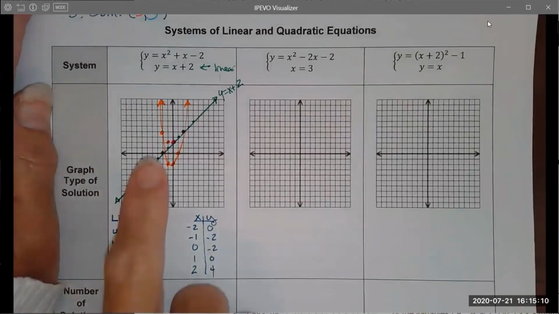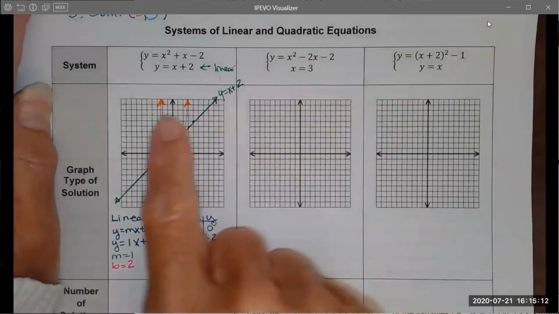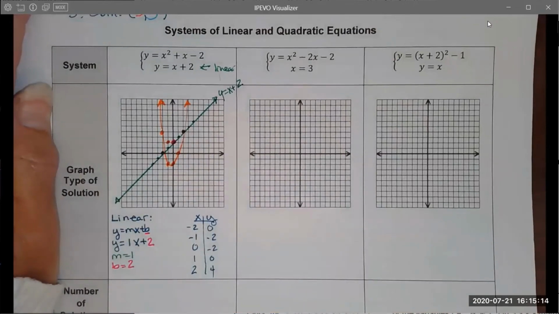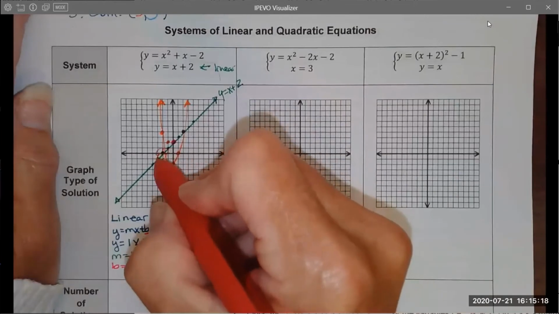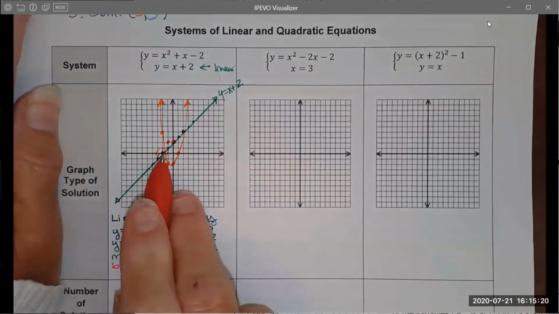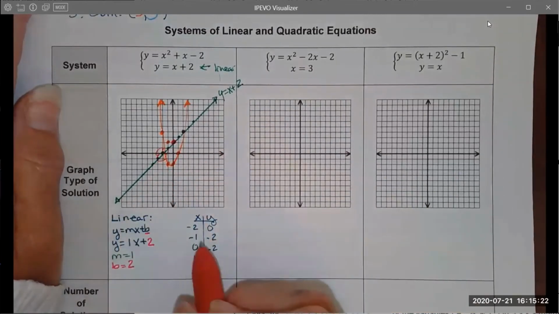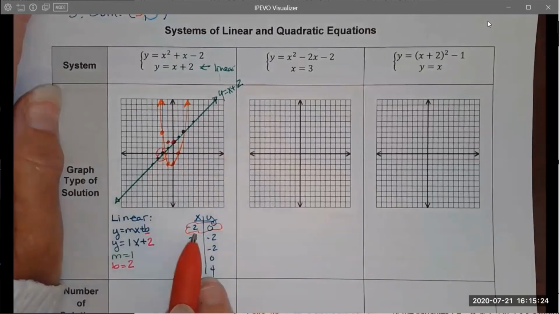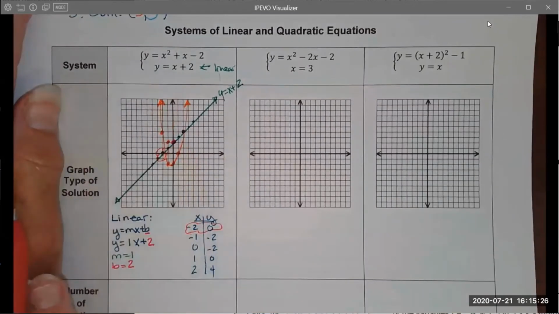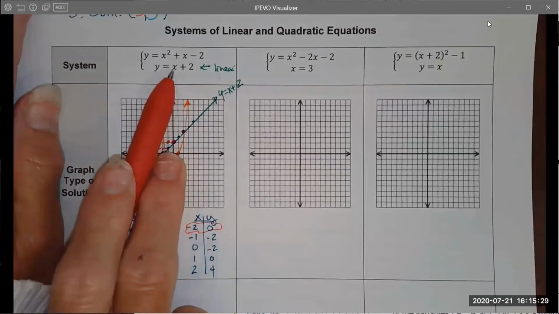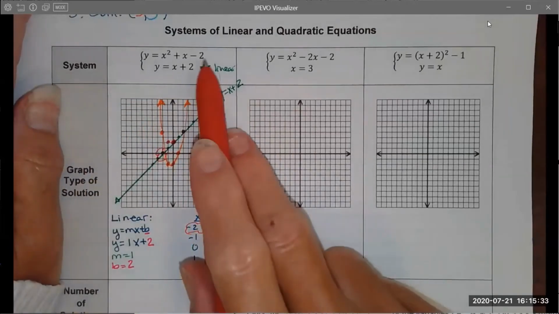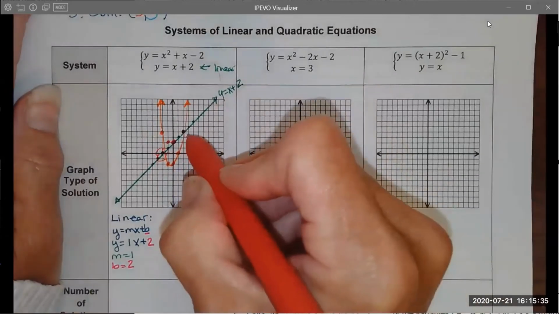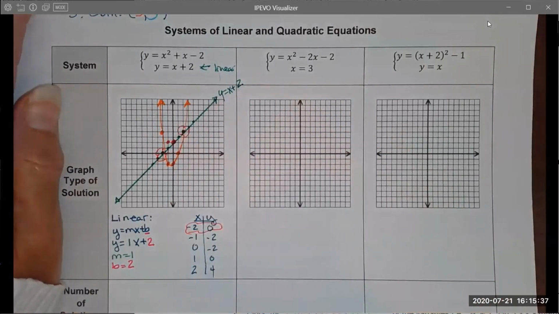What I notice is that this linear function intersects my quadratic in 2 different places. Had I drawn it correctly, it intersects here at (-2, 0). I can check that just by substituting into my linear equation: -2 plus 2 gives me 0, so that is definitely a true statement for both equations. And then my line intersects my quadratic function again at (2, 4).